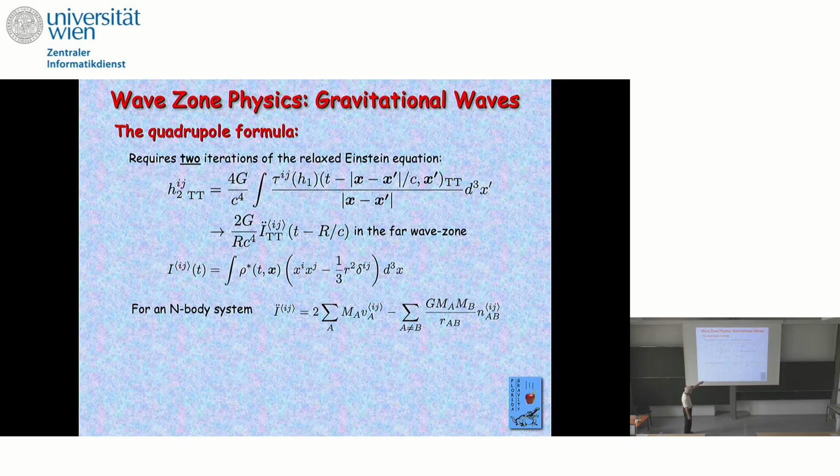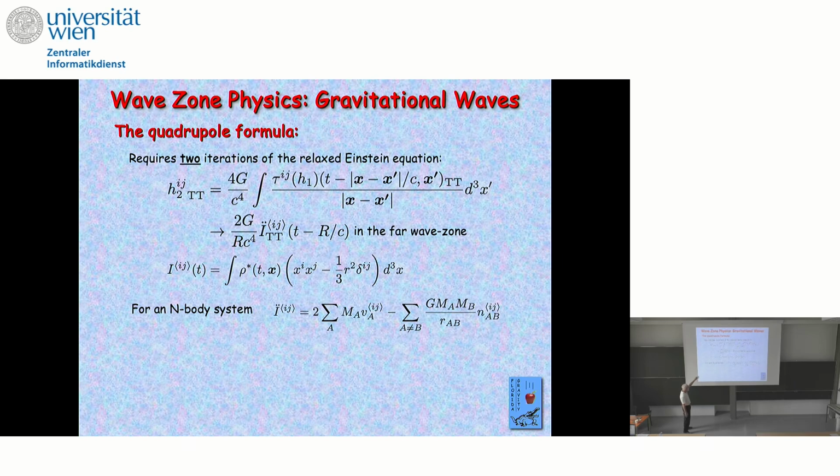So this is the dominant contribution to the signal from a source at great distance, just 2 time derivatives of the quadrupole moment, and these brackets denote that it's the trace-free quadrupole moment. So it's the quadrupole moment minus its trace.